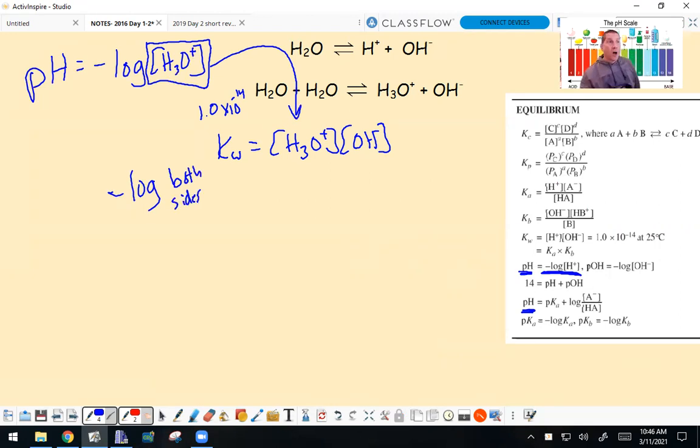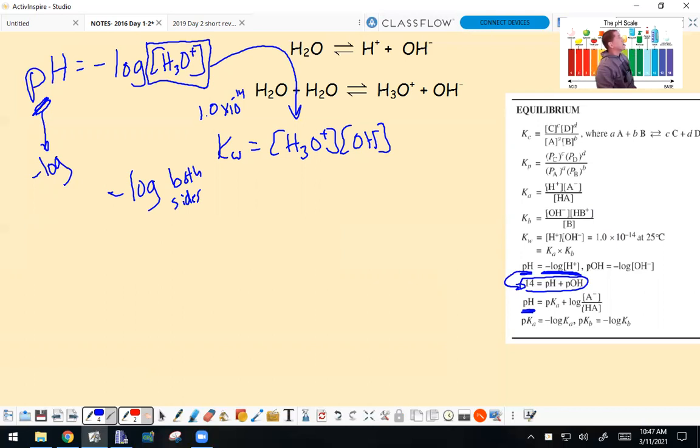Now we have to know a little bit about logs, or you can just trust me, but that's how we get this equation. So there's our next equation we need, which is 14 equals the pH, the potential of hydrogen, plus pOH, which is probably a new one, but that's just the potential of the hydroxide. So if you take the negative log of both sides, now this little p here, here's a little trick. When you see a p in front of something in chemistry, that means you took the negative log of it.